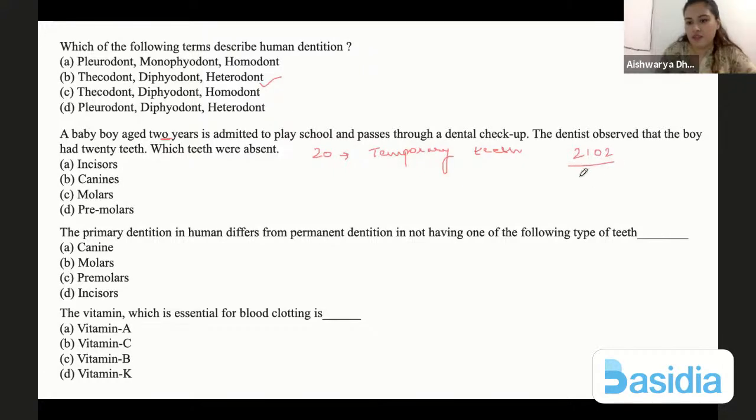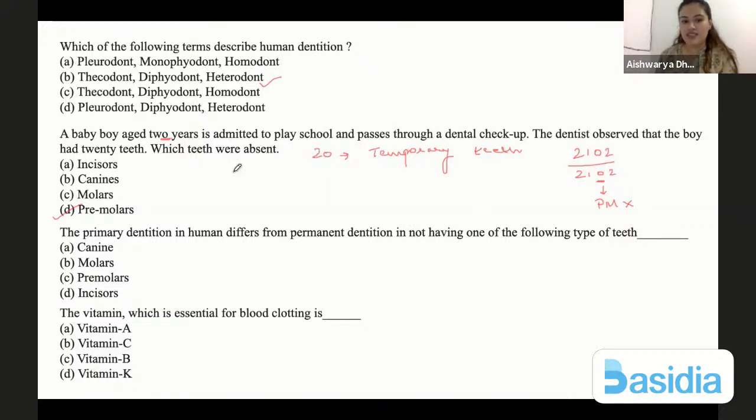This is the dental formula. So here, premolars are missing. So correct answer, which teeth are absent? Premolars are absent.